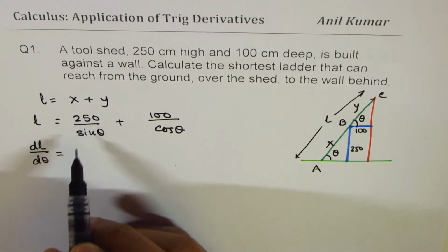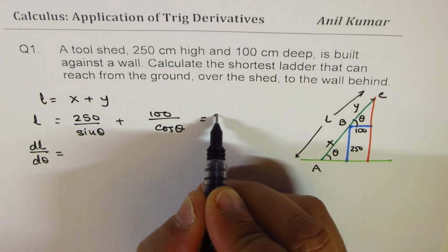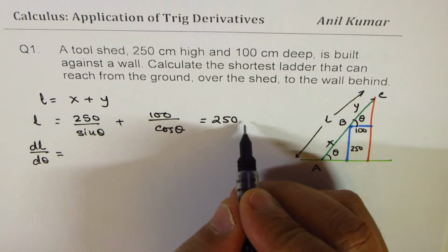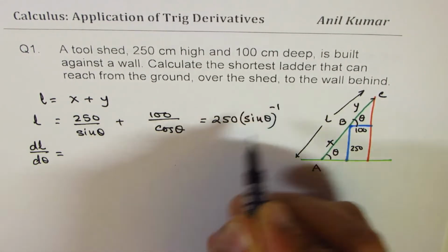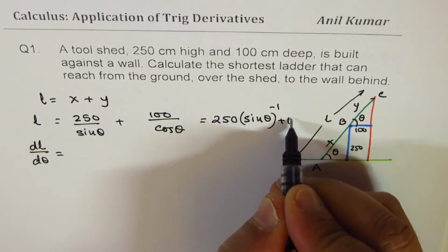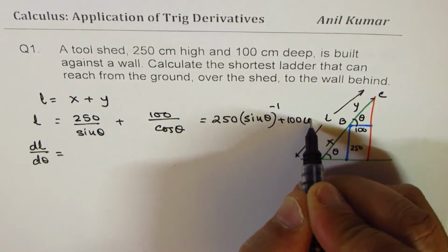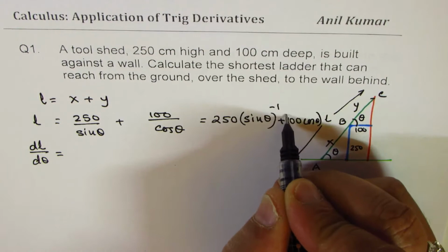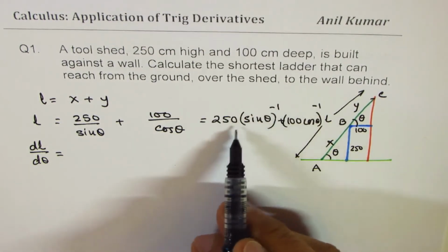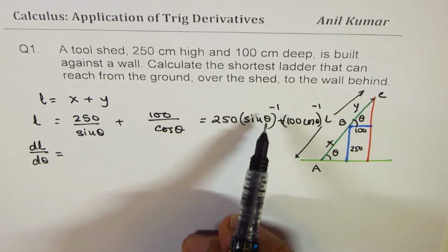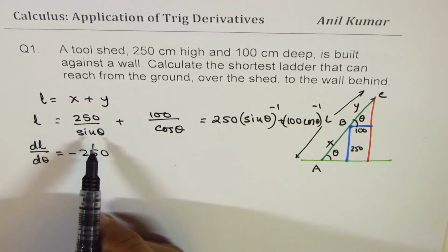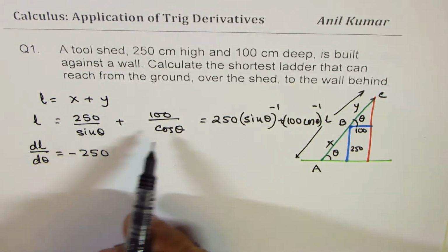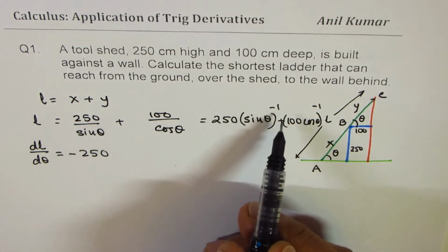So think like this. We have 250 sine theta to the power of minus 1, plus 100 cos theta to the power of minus 1. So it becomes simpler. You can apply the power rule. Is it okay? So that gives you minus of 250. So we are avoiding the formula of cosecant and secant, since you may not remember it.